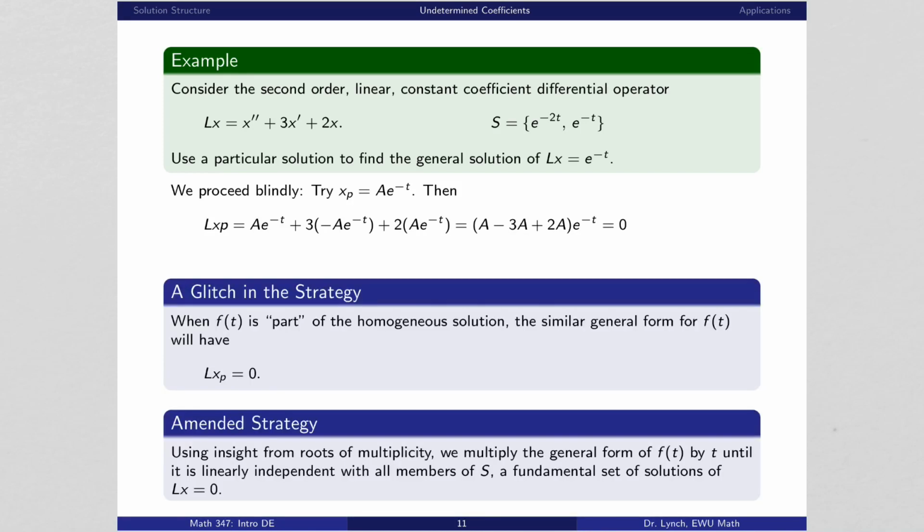Okay, so we'll do that here too, and multiply the general form of the source term by t until it's linearly independent with all of the members of S, which is again the fundamental set of solutions to Lx equals 0. In this particular case, we just need to do that once.